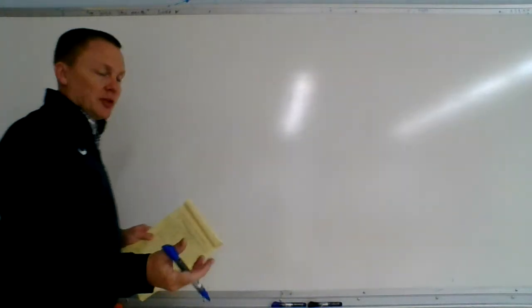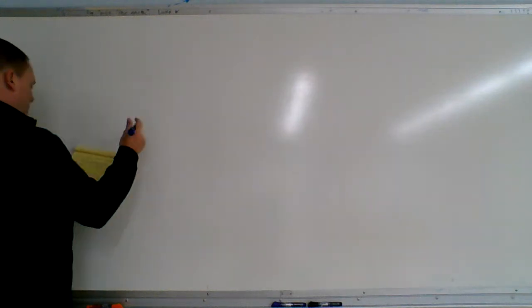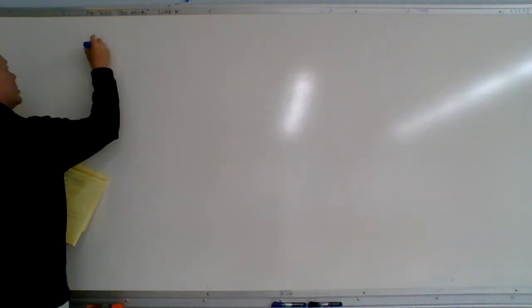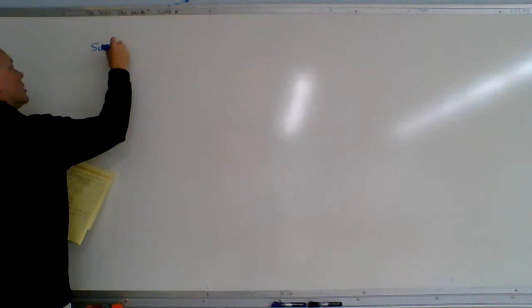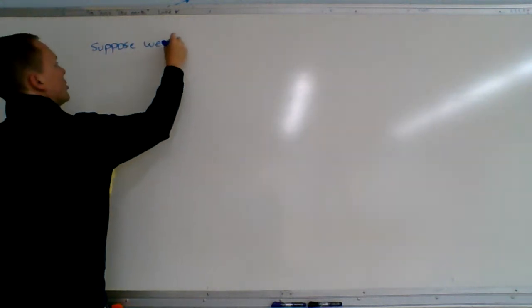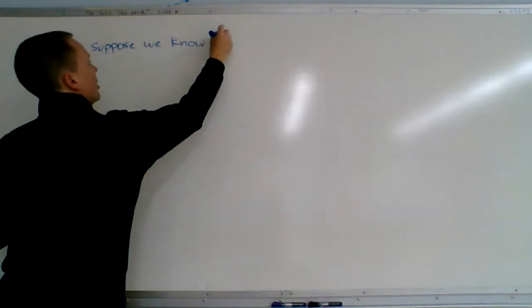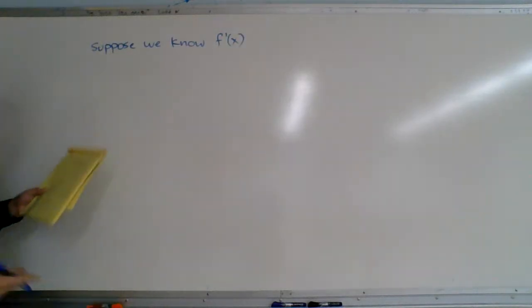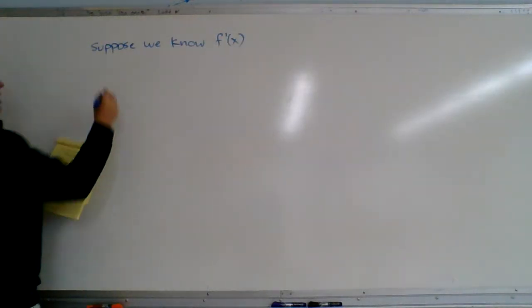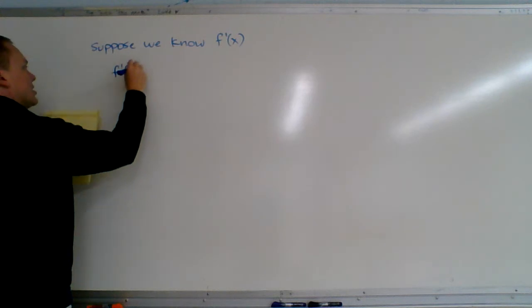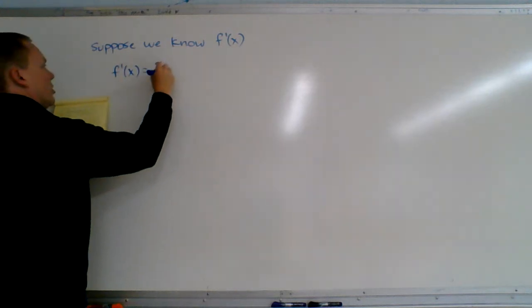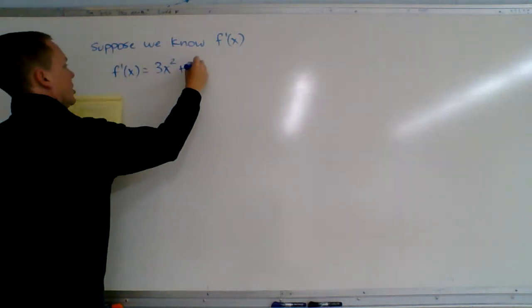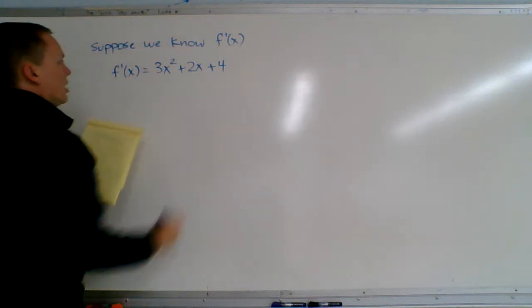So to motivate this, suppose we know f prime of x, and I'm going to say that f prime of x is equal to 3x squared plus 2x plus 4.